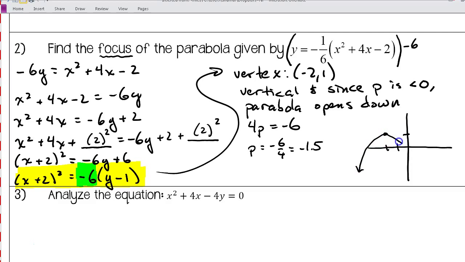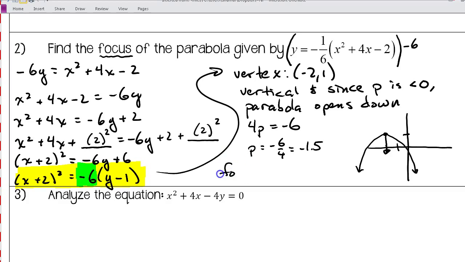It doesn't really matter what I sketch in, but we do know that it opens down. And since I want to find the focus, I know the focus has to be somewhere inside the parabola, so it's going to be below my vertex. Since p is -1.5, I'm going to go 1.5 units below my vertex.